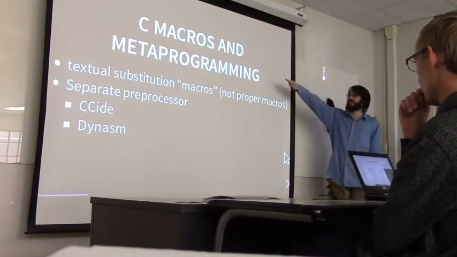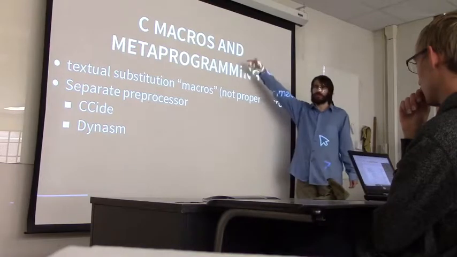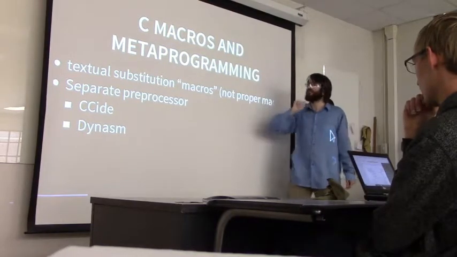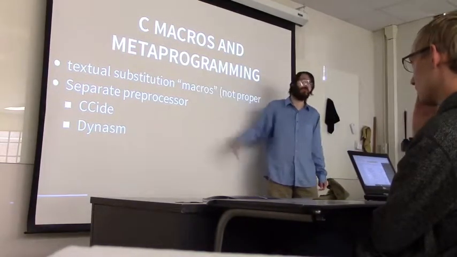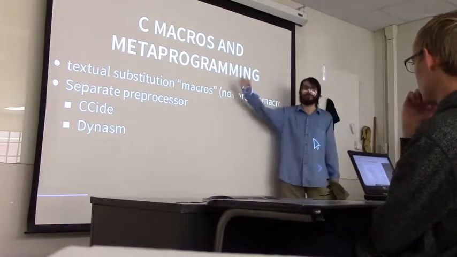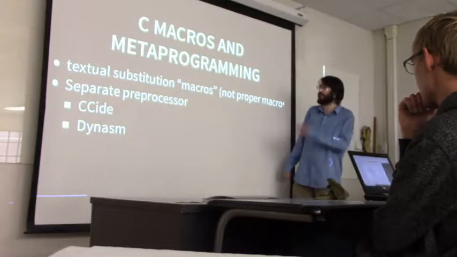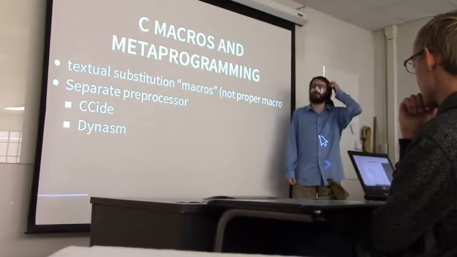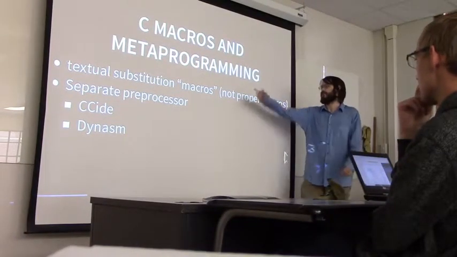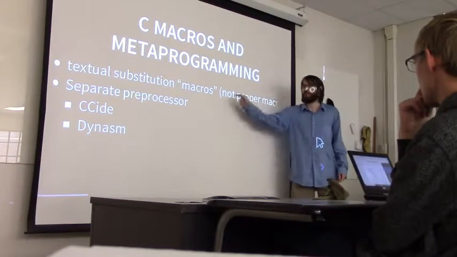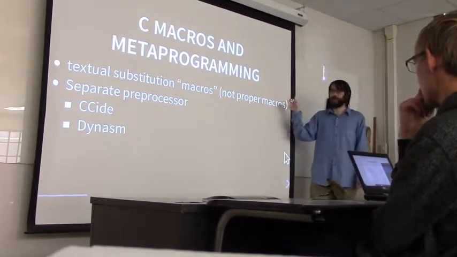So, C macros. I assume everyone here is familiar with C macros, but they just do basic textual substitution with a tiny bit of fanciness for detecting where tokens begin and end with white space and handling the operators properly. And I will be very particular that these are not proper macros.